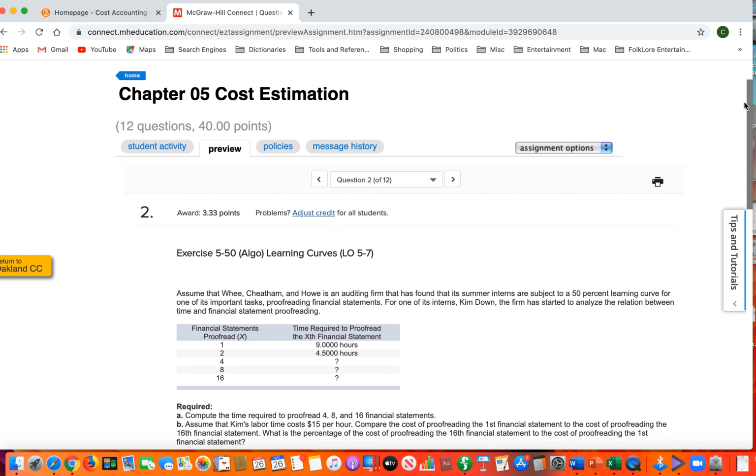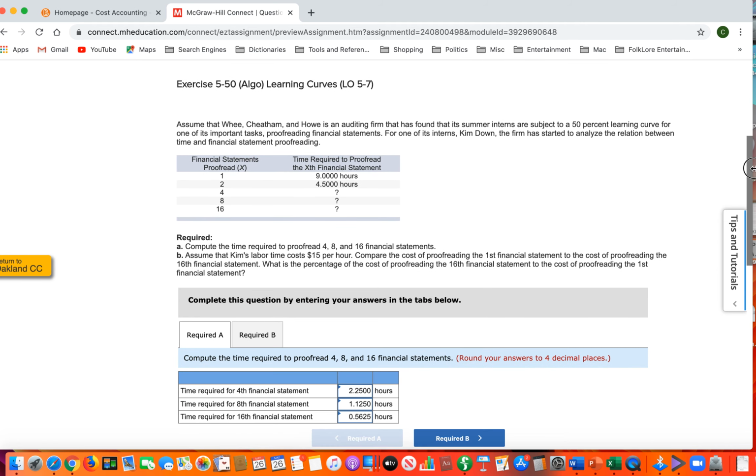Then by the time you get to the 16th, again doubling the 8, it is 50% of 1.125, which is 0.5625 hours. A little more than half an hour. Okay? And that's what you have here. All right, 2.25, 1.12, and 0.5625 hours.